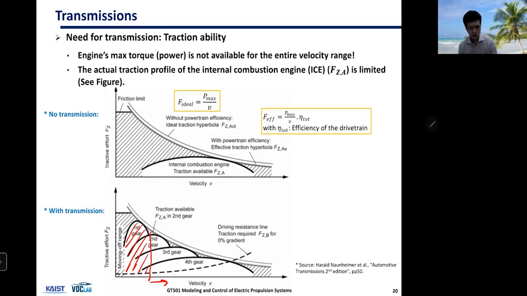So you need multiple gears to improve traction force as well as increase maximum speed. Now you can cover a wide range of torque and speed. Okay. So this was the first reason why you have to have multiple gear ratios.